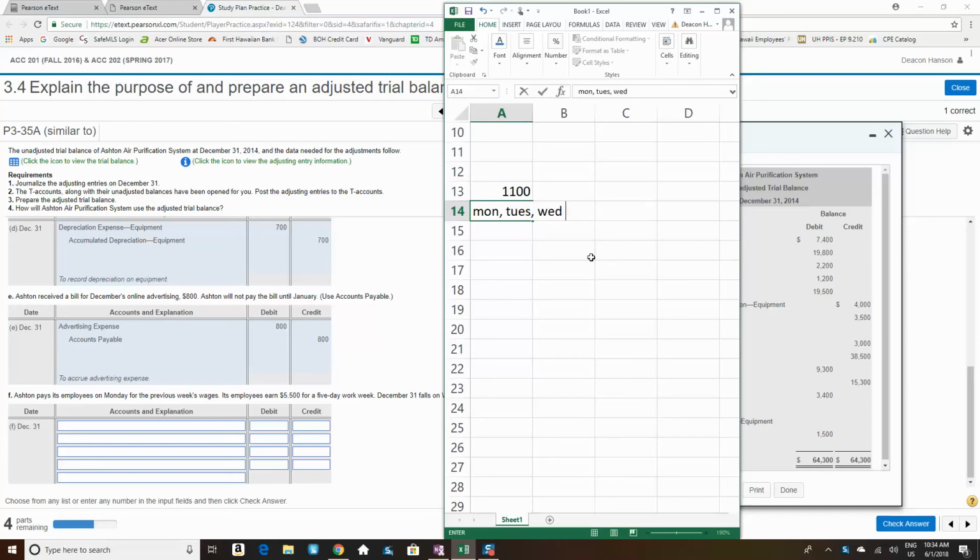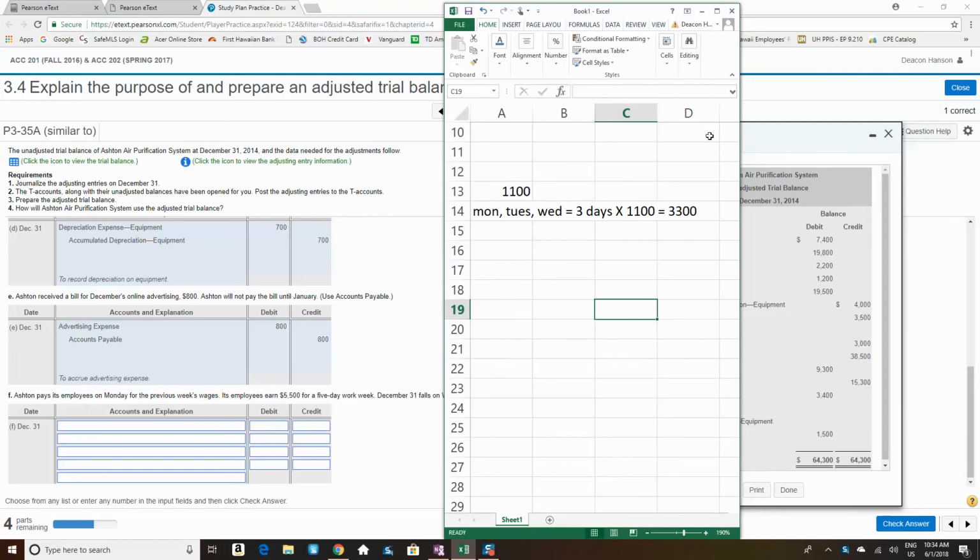So that equals 3 days at $1,100 per day, and that should give me $3,300. So what we need to do is make an entry to accrue the salary and wages expense for $3,300.